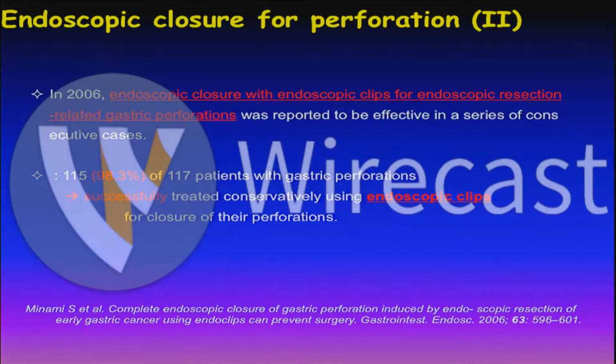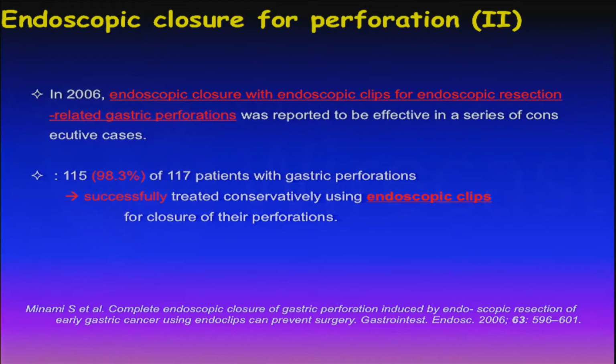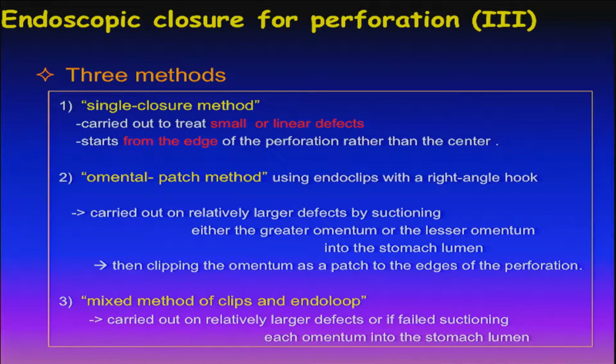After that, there were several studies of endoscopic closure with endoscopic clips for endoscopic resection related perforation, and in this study, the success rate is 98.3%. This is very good result.